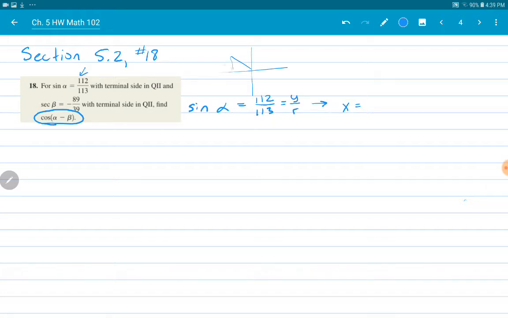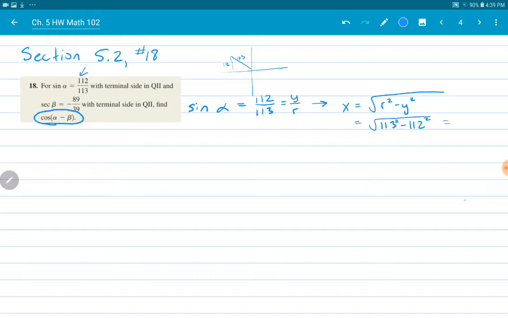I might remember from Unit 1 that the formula to get x is the square root of r squared minus y squared, or in this case the square root of 113 squared minus 112 squared, and I would not hesitate to use a calculator for that one.